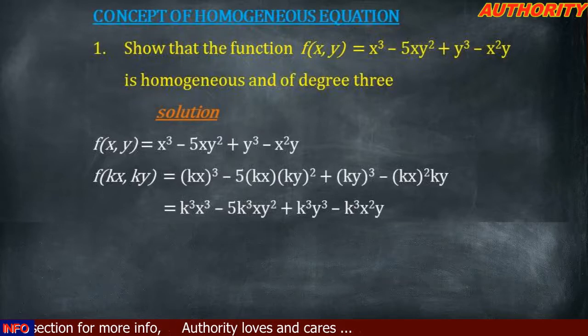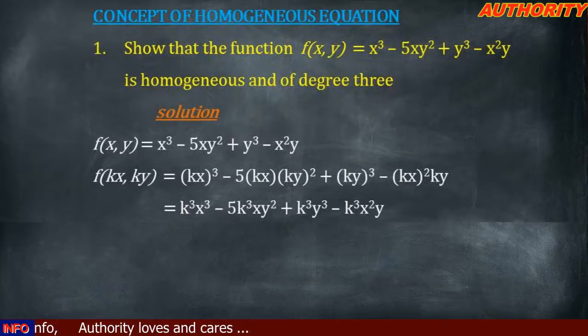So that means we have minus 5k cubed xy squared plus, when we have (ky) cubed, it's the same as k cubed y cubed minus, when we say (kx) squared multiplied by ky, it's going to give us k cubed x squared y. So we open the bracket and we have k cubed x cubed minus 5k cubed xy squared plus k cubed y cubed minus k cubed x squared y.